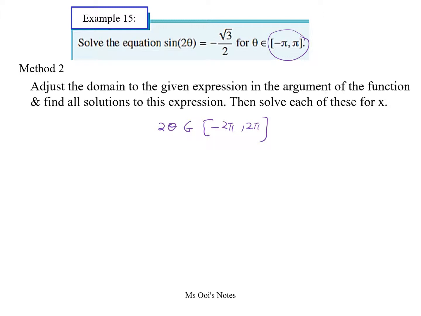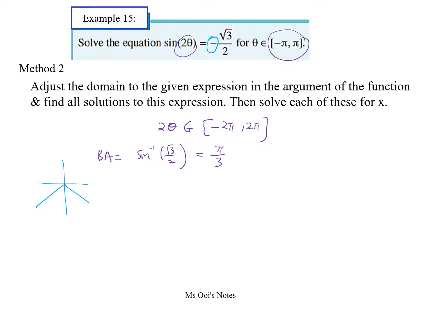Again, same method. I go for my base angle, which is inverse sine of root 3 on 2, which I already know from the previous, it is pi over 3. So therefore, I will start with 2 theta. The angle is equal to, okay, same deal, same story. We are interested in the third and fourth quadrant because of the negative.